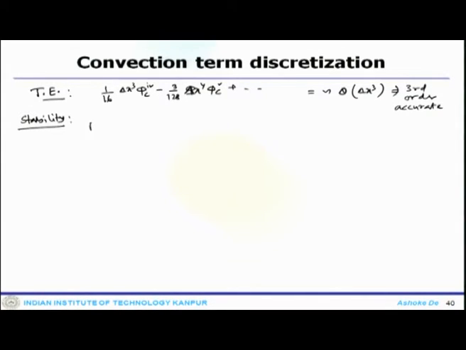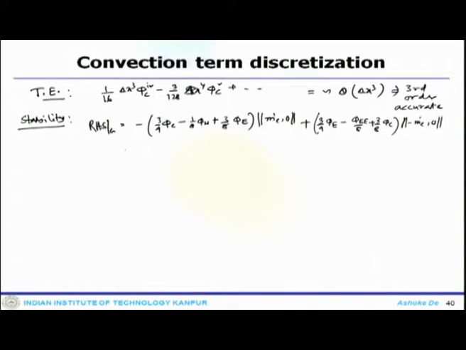So, for the stability, if you look at the right hand side convection term, this would be minus 3/4 phi C minus phi W by 8 plus 3/8 phi E, m dot e 0, plus 3/4 phi E minus phi EE by 8 plus 3/8 phi C, m dot e 0, minus 3/4 phi C minus phi E by 8 plus 3/8 phi W, then 3/4 phi W minus phi WW by 8 phi C.